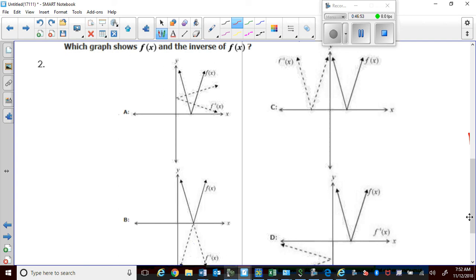If you intersect two objects at more than one place, it's not an inverse.